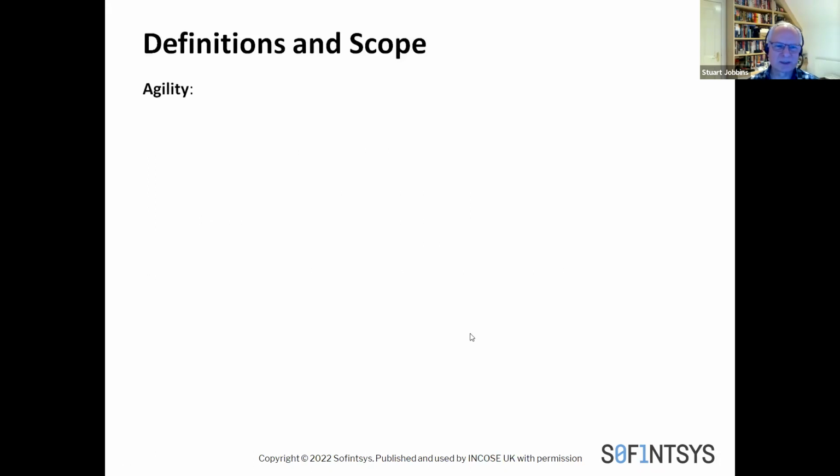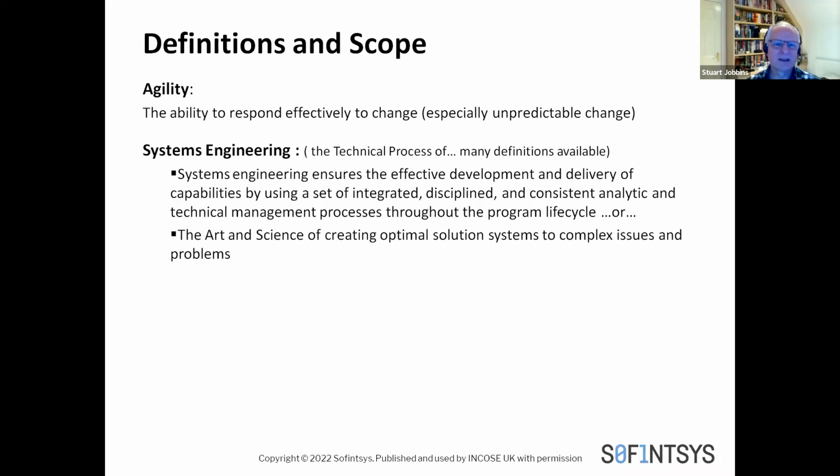So definitions. Agility, in my view, is the ability to respond effectively to change. And generally, that's considered to be unpredictable change. That's important because it'll crop up again later on. Systems engineering, I'm not going to bother with. You're all systems engineers, so I'd expect you to have met one of at least a dozen or maybe 100 different definitions of systems engineering.